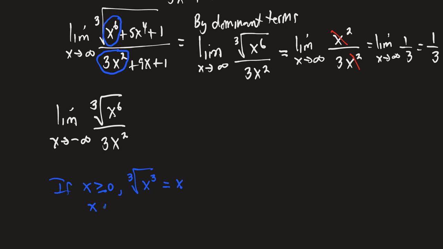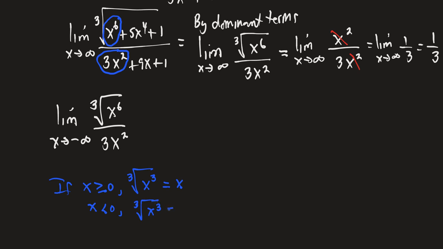If x is negative, it turns out that the cube root of x cubed is negative x, right? And this is why, because if x is negative, then x cubed is a negative number, and the cube root of a negative number is also negative.